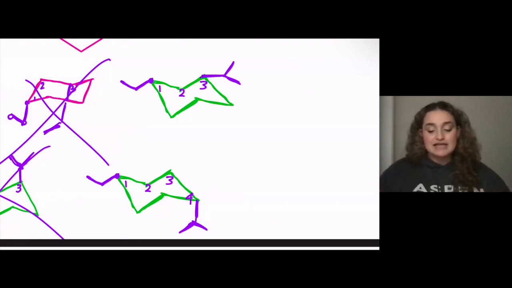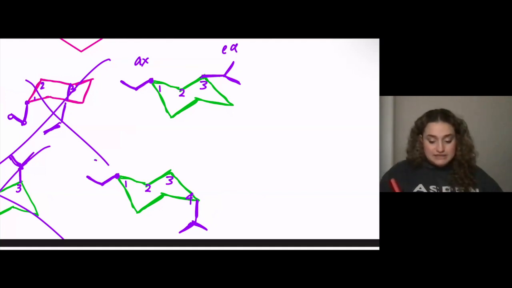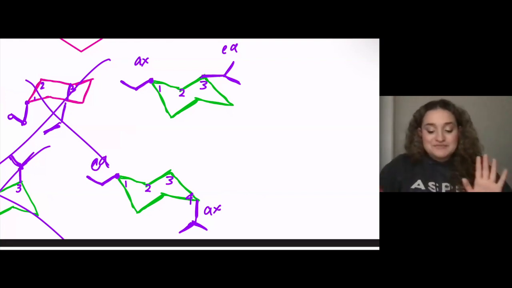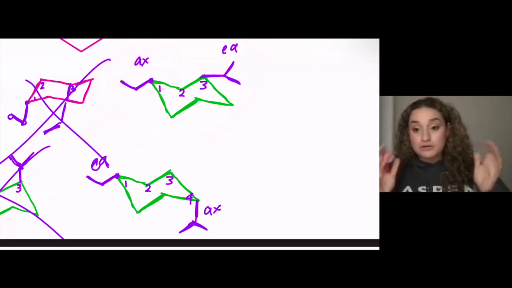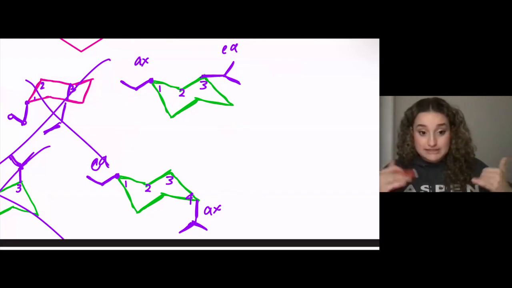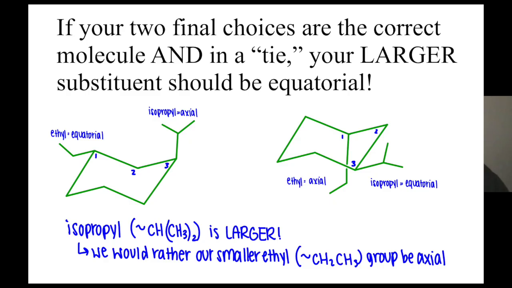For the sake of pretending, let's pretend that this is axial and this is equatorial, just so that it's a tiebreaker now. Okay, this is equatorial, this is axial. Again, this is not axial, but if you were on a multiple choice exam, you cut it down, and now you have two answer choices left, and they each only have one axial group and one equatorial group.